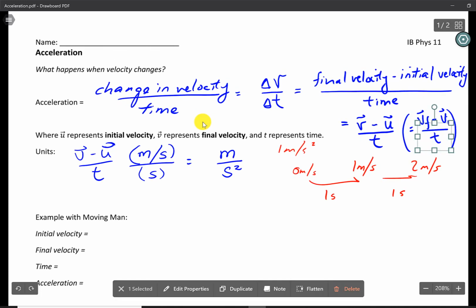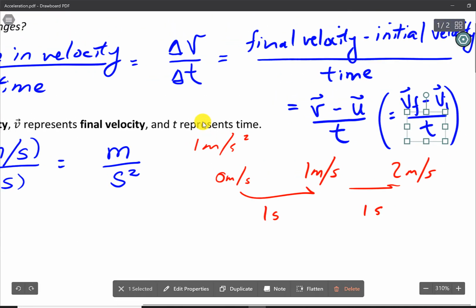And that is, during the time in which you accelerate, you are also gaining speed. So here you might be at 0.1, and then 0.2, 0.3, and all the way up to 1 meter per second. So you're constantly gaining speed within that 1 second.